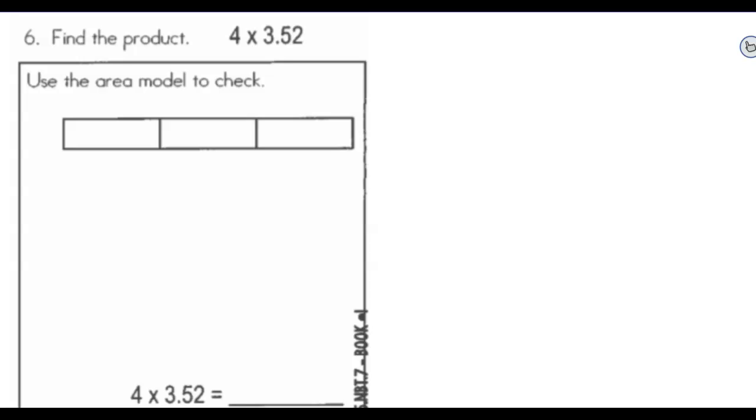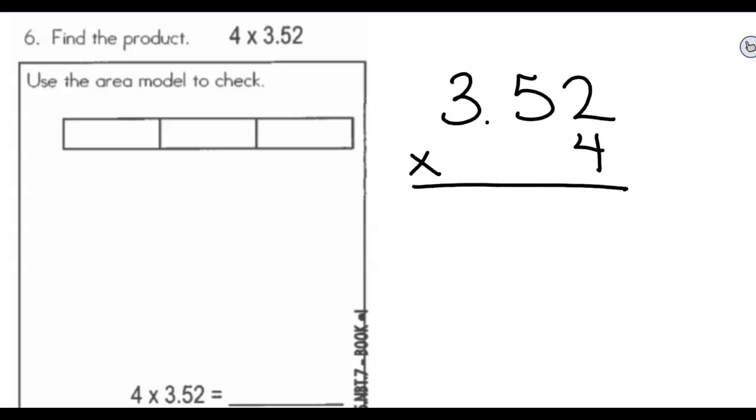Right here, find the product. Now this is 4 times 3 and 52 hundredths. I'm going to flip it around to make it a little easier for me to work with, because 2 times 4 and 4 times 2 is the same thing. So I'm going to write it this way. It does not hurt to flip my multiplication around.